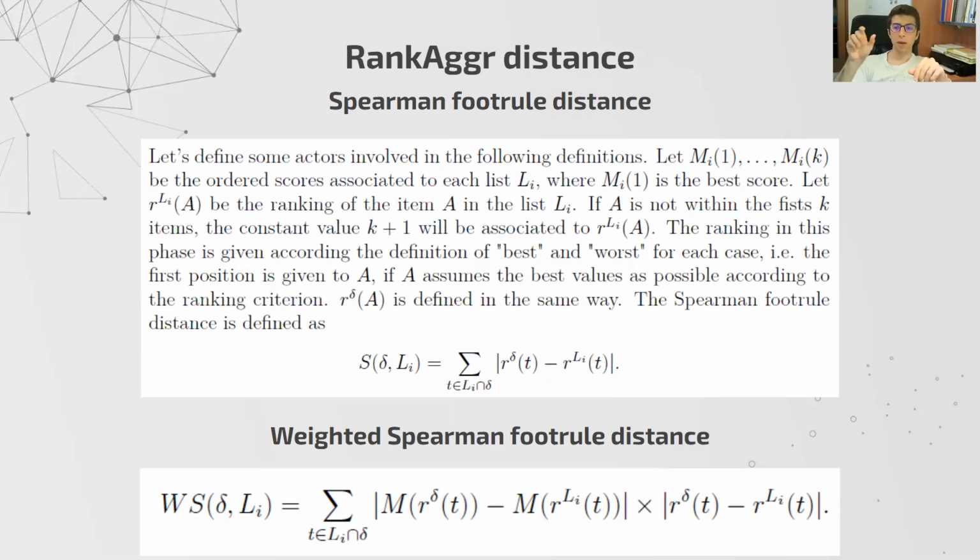So let's do an example. One combination minus another combination. We are doing the difference between these two lists, and we are doing the multiplication by the weight, which is the difference of the rankings that are given to this difference.